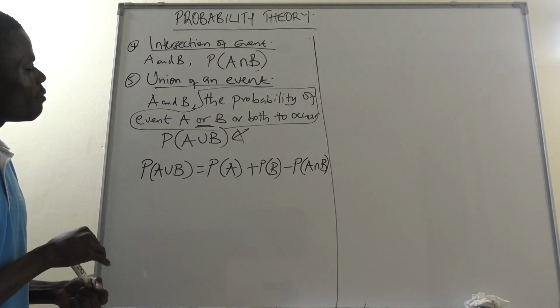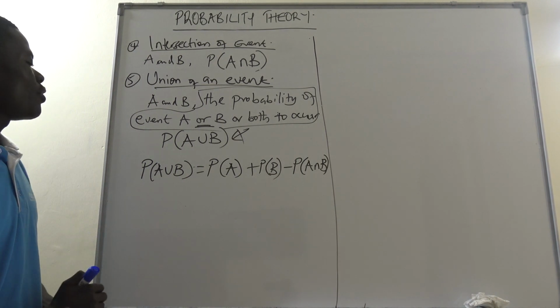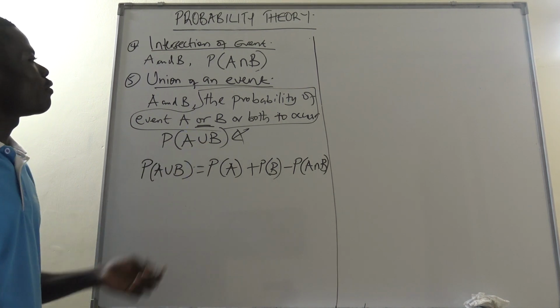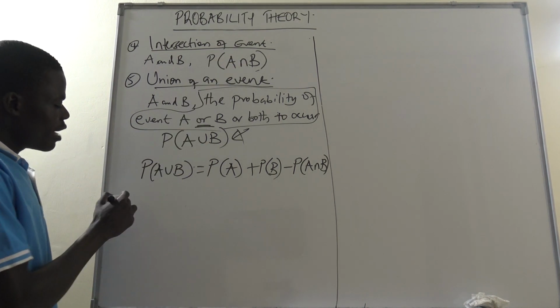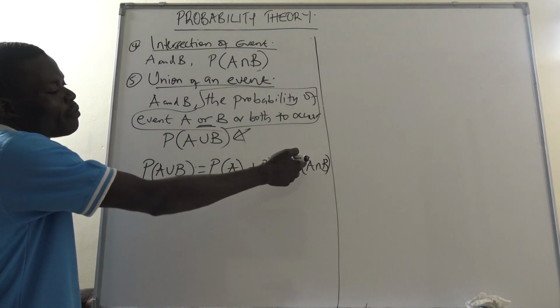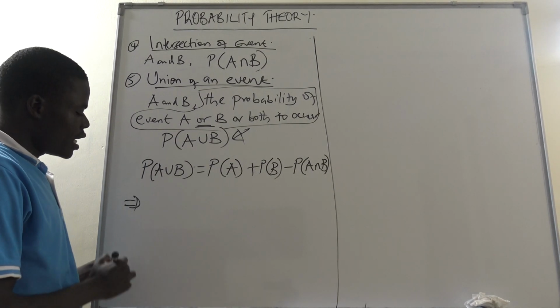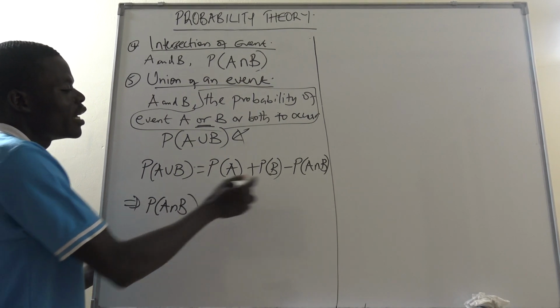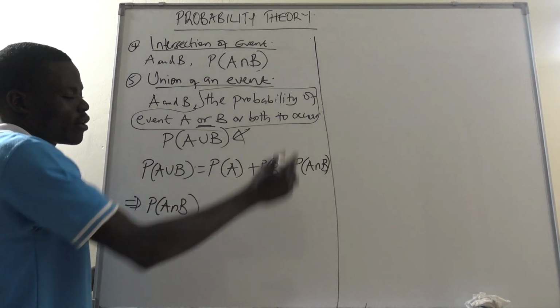After determining the probability of A union B, you can still determine the probability of A intersection B. If you want the probability of A intersection B, you bring this one to this side and the other to the other side.